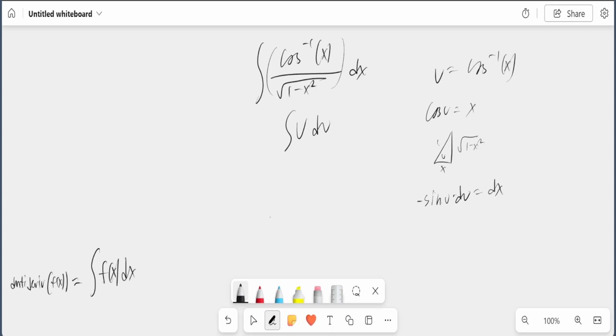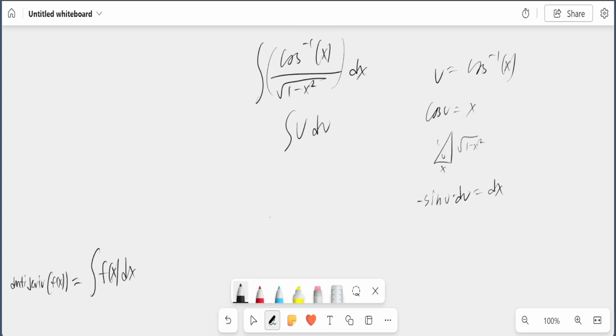But why did you set u equal to cosine inverse? Why would you not set it to 1 minus x squared? The reason I did that is because if I were to set it equal to 1 minus x squared, then there's not really any way to get a cosine inverse x out of that, right?